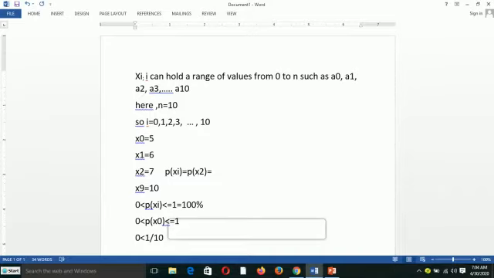So it is 1 out of 10, and this must be less than or equal to 1. So we can check if this condition is met. This condition is met because 1 out of 10 is greater than 0 and less than 1.